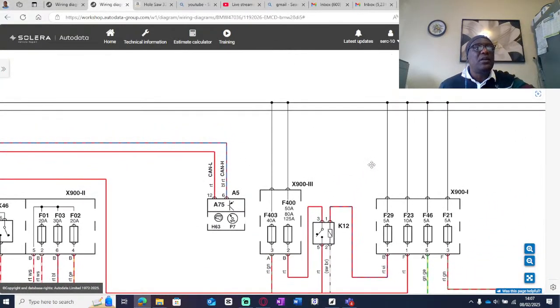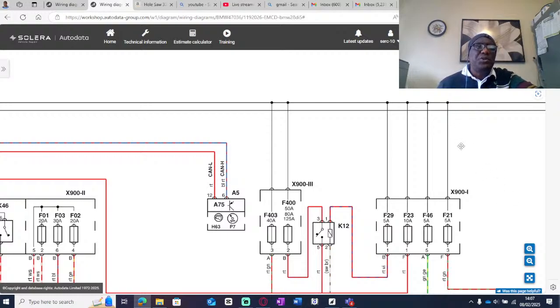Let me see. So I said to you, this dot is important. Please watch out for these dots because they are speaking to you. Okay, they are talking to you. All right, Mr. Zimi, you and me, we talked about wiring diagrams. You cried out for information on wiring diagrams. Here it is. I've actually prepared this time to make this video for you and many others who may benefit from this.